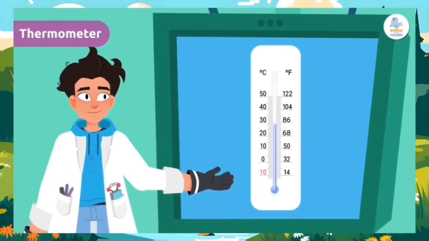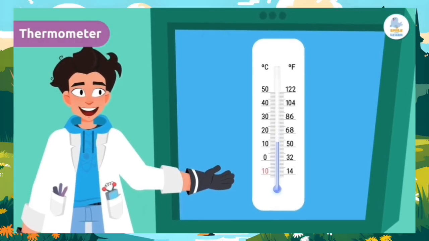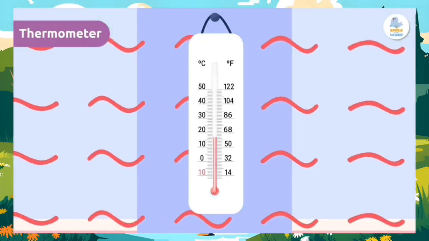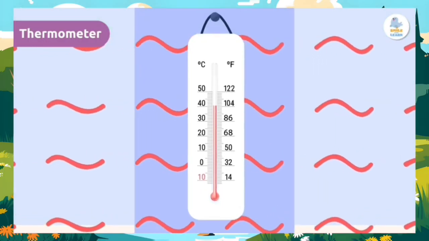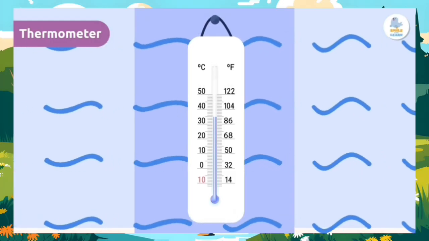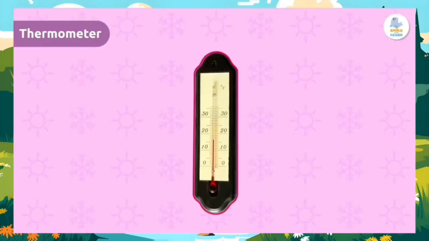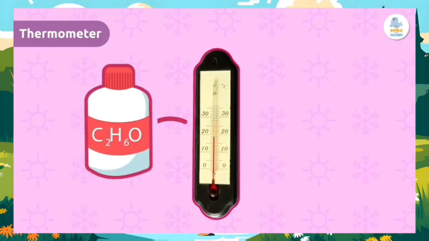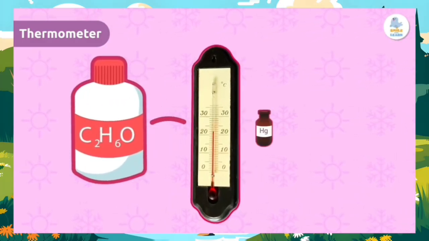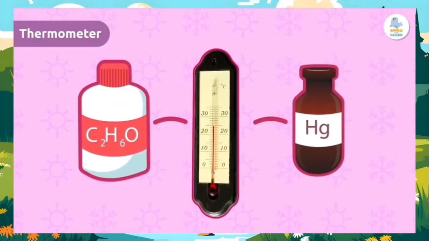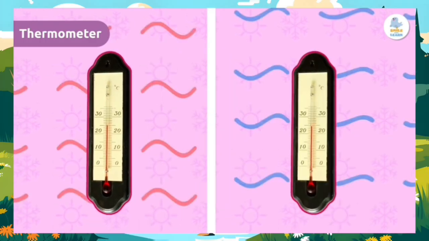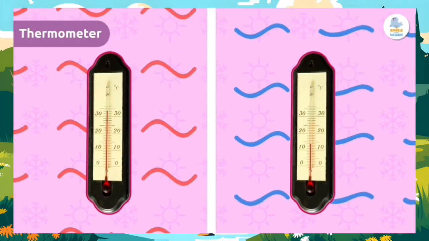As you know, thermometers measure temperature. But today, we're going to talk specifically about thermometers that measure the temperature of the air. Older thermometers had dark-colored alcohol or mercury inside, which went up or down depending on the temperature of the surrounding air.